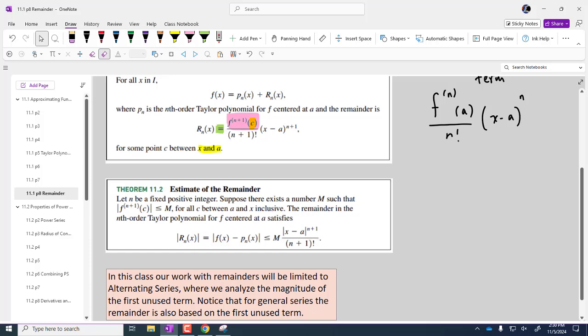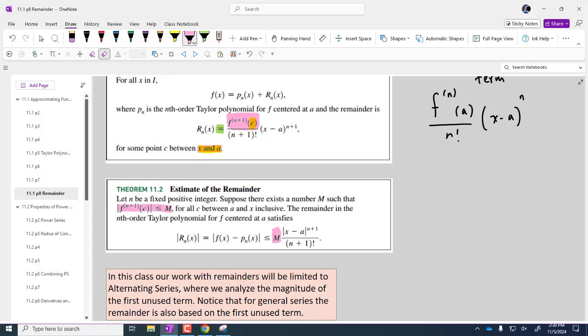So the next best thing, because this function is defined on a closed interval, x to a, you graph that function and you figure out its maximum value. So if you can figure out a bound for the entire function, which most of the time occurs at one of the two endpoints, then you can get a really good gauge on the remainder.